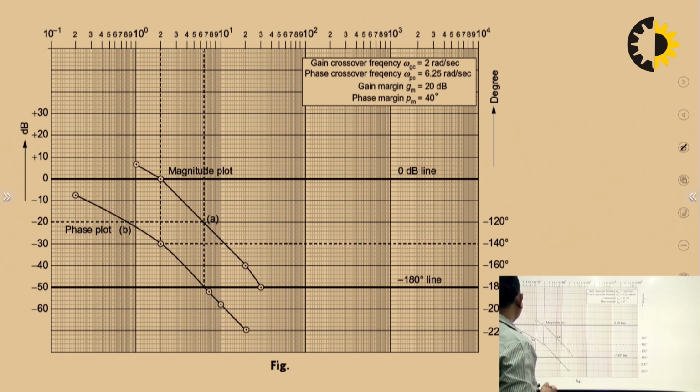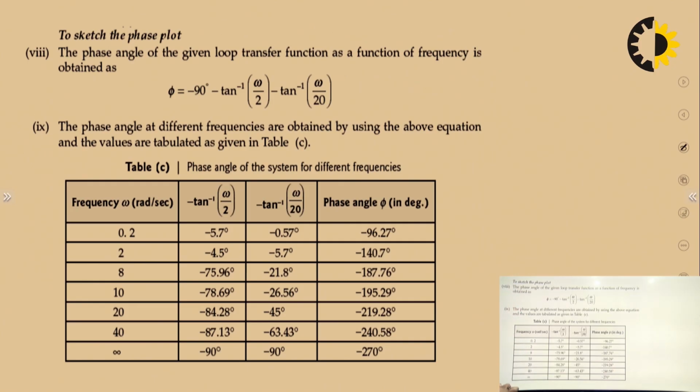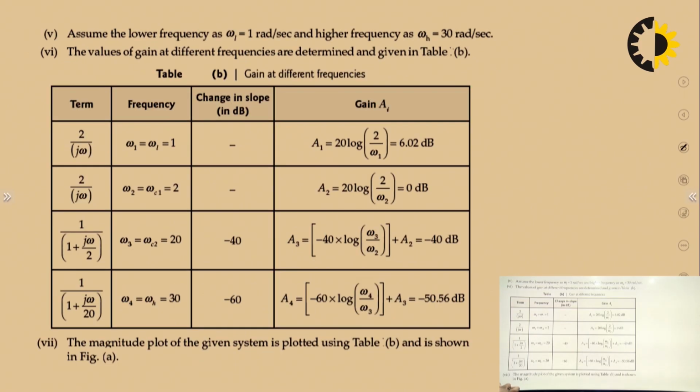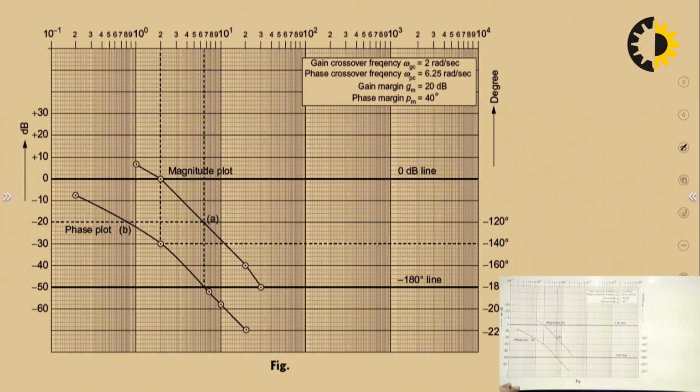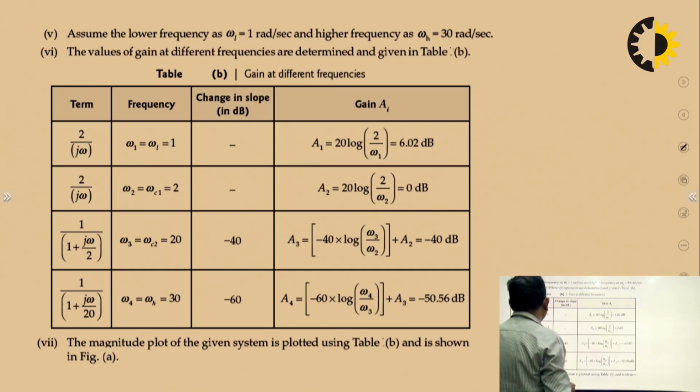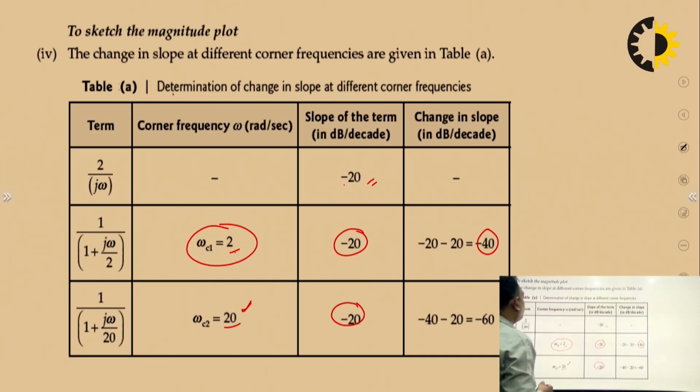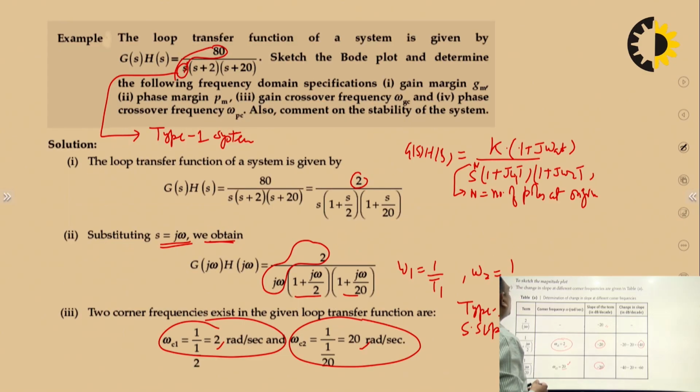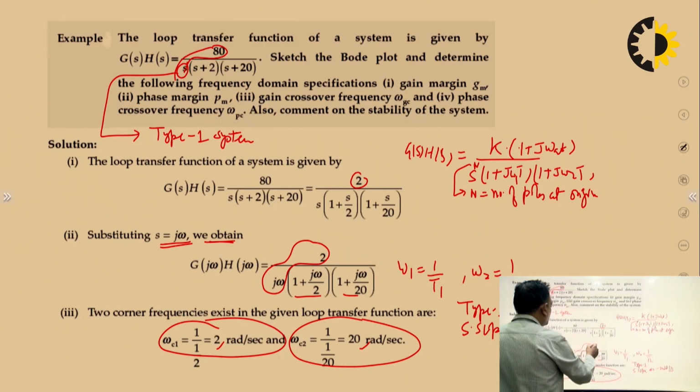The starting frequency that we have chosen is 0.1 radian per second. At 0.1 radian per second, the starting point is calculated from 20 log 2 minus 20 log j omega, and this will give you the starting point.